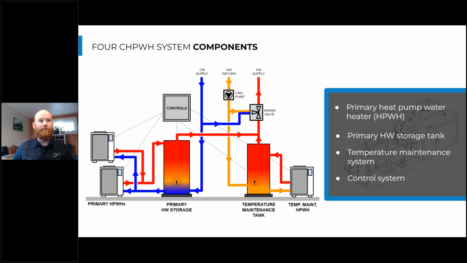That's going to require cold makeup water to come into the tank, which will push out that heated water to those fixtures. And then our control system makes sure that we're turning on that heat pump when we need to always keep hot water at the top of our tank. So we always have water available for those tenants that load.